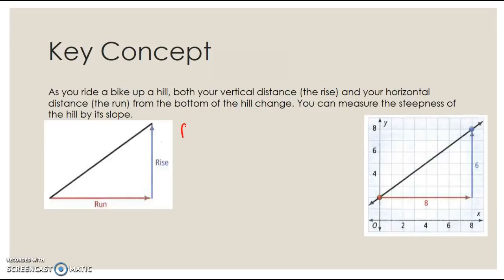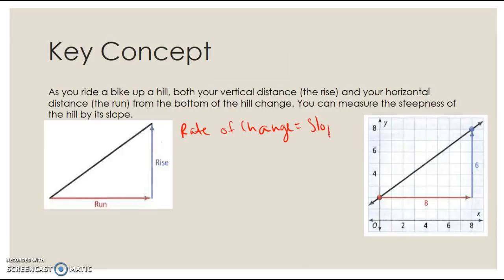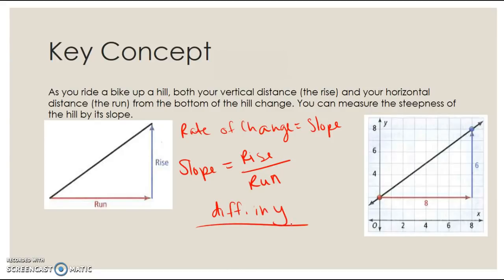And so if you remember, rate of change equals our slope, and that slope is equal to the rise over the run. Or another way is our difference in y over difference in x.